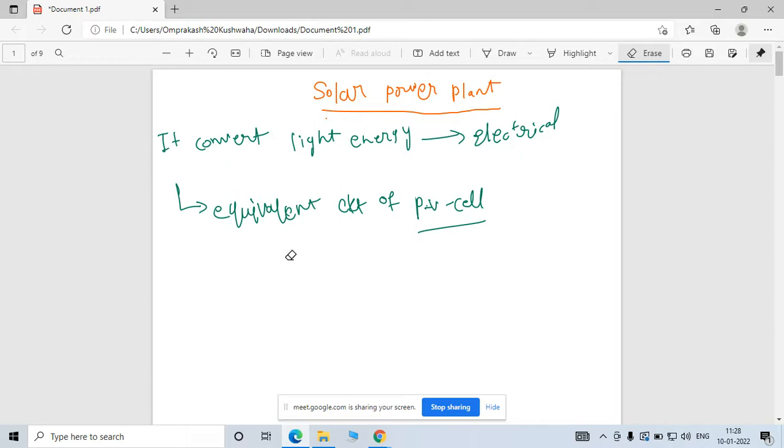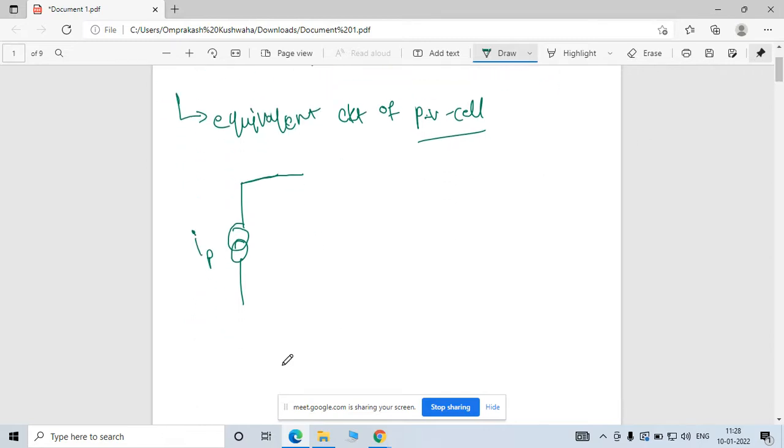It is nothing but a current source in parallel with a diode. For example, this is your IP, the photovoltaic current generated in your photovoltaic cell.